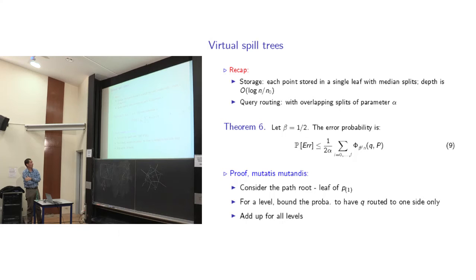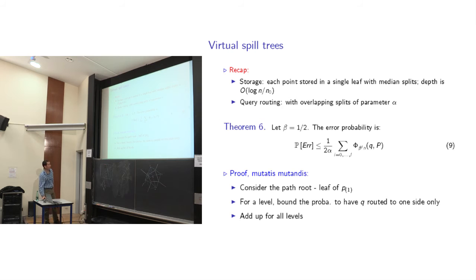So again, for virtual split trees, what's happening? Each point is stored in a single leaf with median splits, and the depth of the tree is still logarithmic. It's actually the same, right? But now the difference occurs at the routing stage because we have this parameter alpha, which is quantifying the overlap between regions, right? And so a point may be routed to two different subtrees.